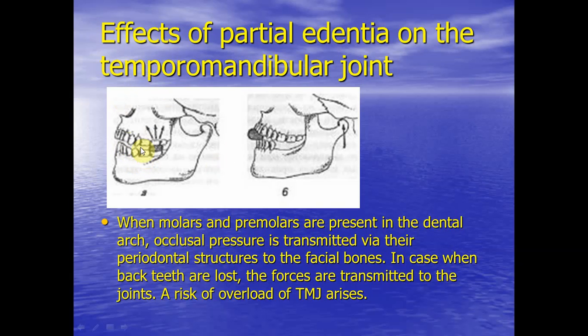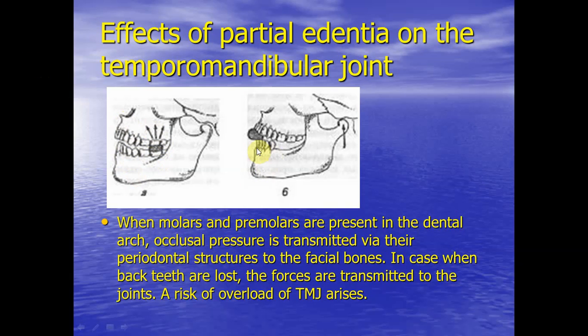And when the teeth are present, the occlusal load is coming from the periodontium of teeth to these specially oriented alveolar structures and also the bones like the maxilla and mandible, called counterforces.